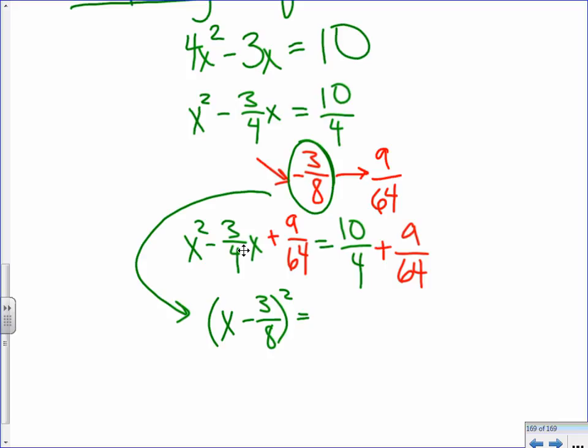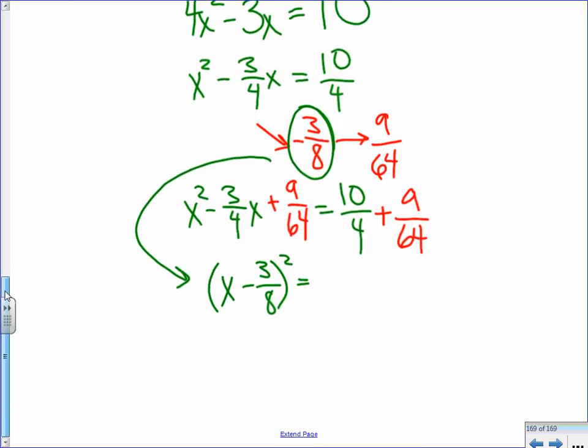I'm going to need to get a common denominator in order to combine those two fractions. So I've got 9/64 and 10/4. I'm pretty sure that 4 goes into 64, so I would check maybe on my calculator to figure out what's 64 divided by 4, so I can figure out how to get a common denominator.